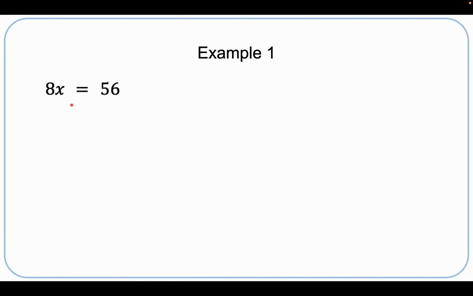So I want to use that reciprocal rule, and I remember, just like when we were doing addition and subtraction equations, we're trying to isolate that variable, trying to get that variable all by itself. So here I am multiplying, my coefficient is 8. So I can get rid of that 8 or isolate my variable by multiplying by the reciprocal of 8.